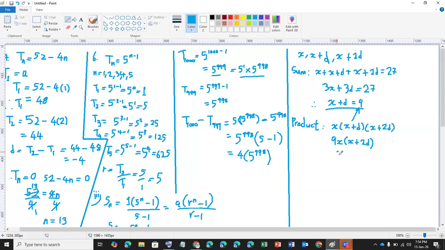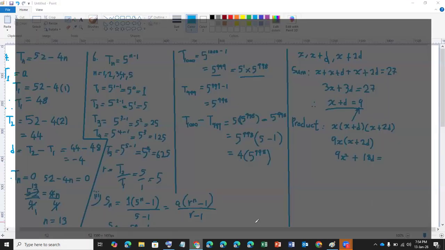So that's going to be 9x squared plus 18b, plus 18bx, equals what? Is it 207? 704.